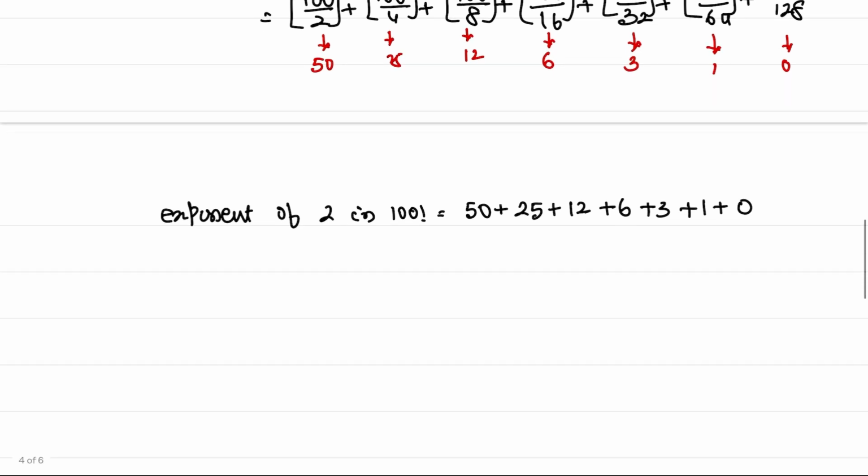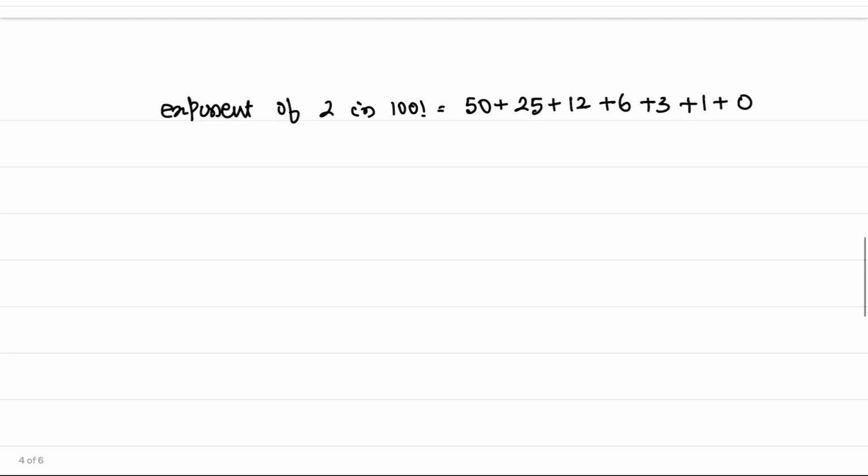Now, you just see. This is how much? This is 97. Now, the exponent value is equal to 2 to the power of 97. But what we are interested in? 8 to the power of x is equal to 2 to the power of 3x.